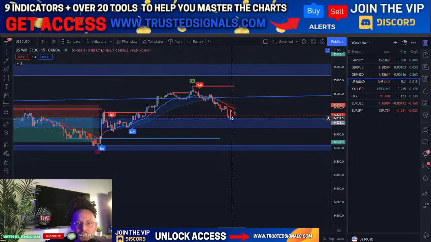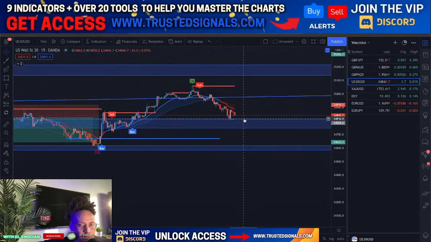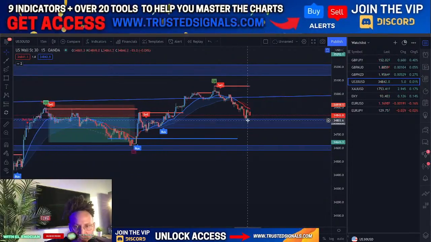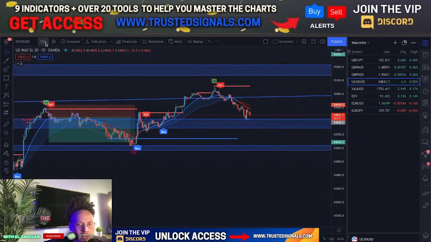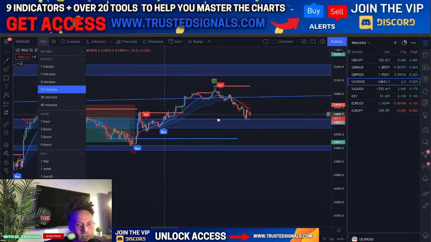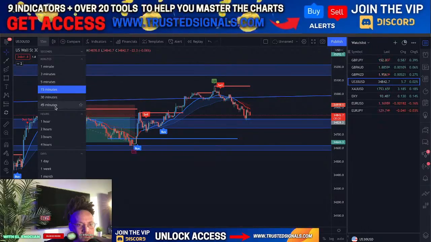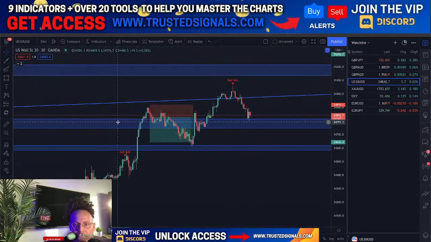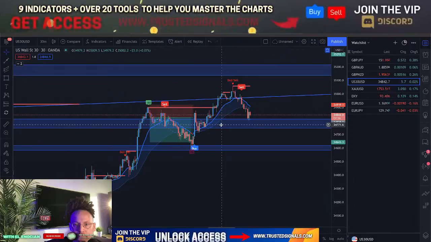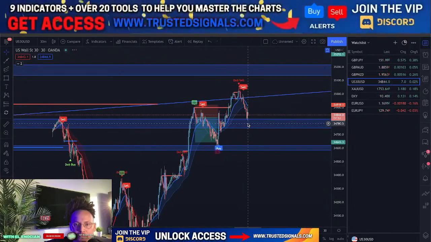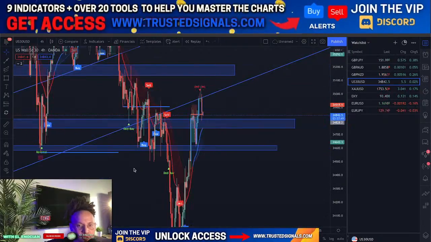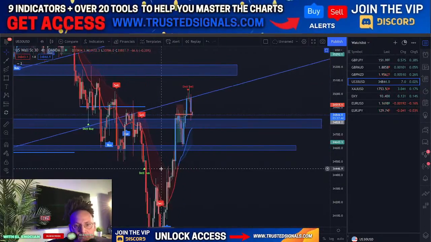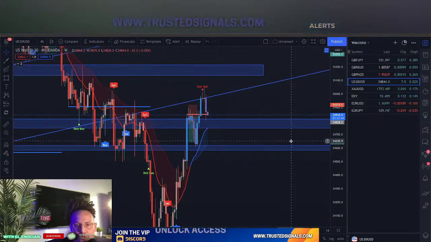Okay, so far it's rejected at this key level. I want to see how price is going to react at this key level. If I start seeing rejection here, there is a possibility of a long to right about there. Let's go on the 30-minute, and back on the 4 hour. So notice how I'm going through all the time frames. That is crucial when it comes to trading.